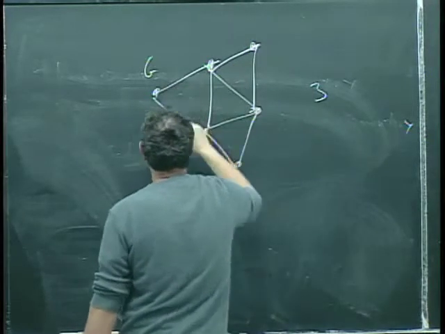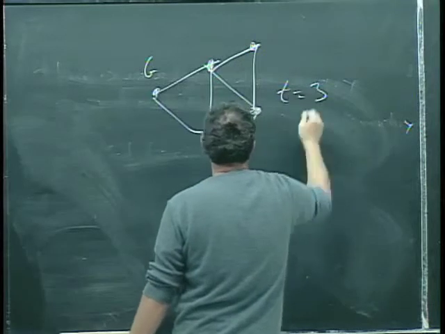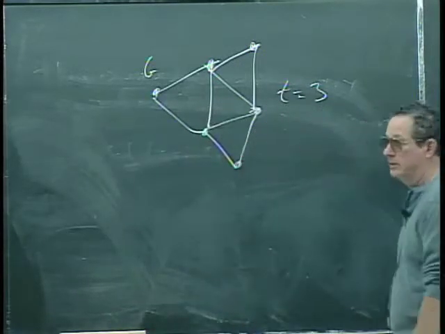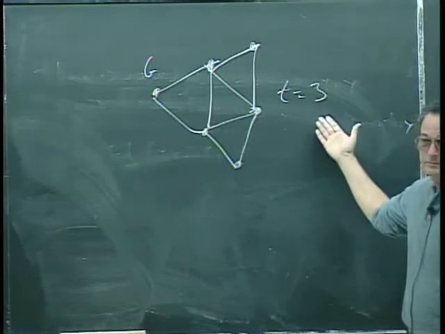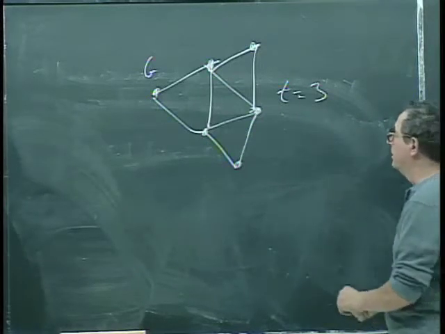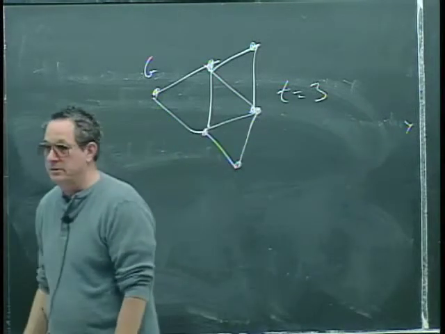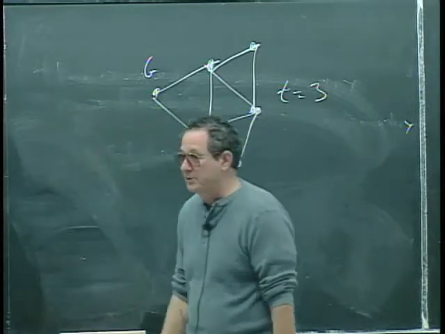So an instance is a graph and a target, and the problem is: is there a vertex cover of size 3? Well, what's a proposed solution? In this case, it is a subset of nodes.